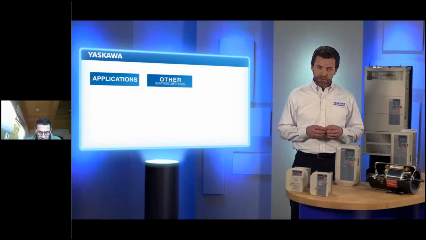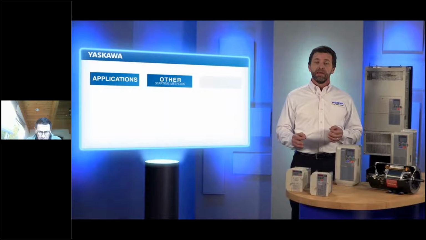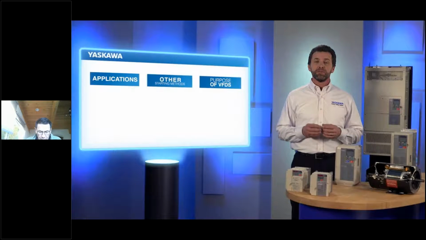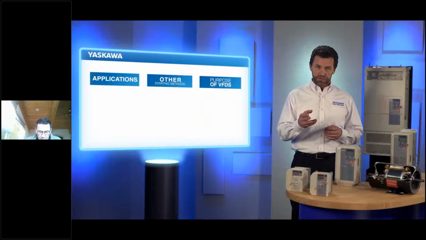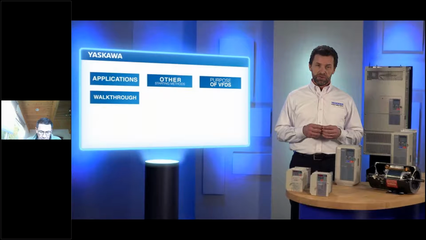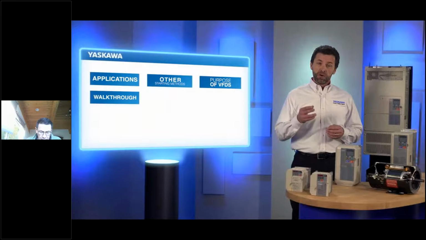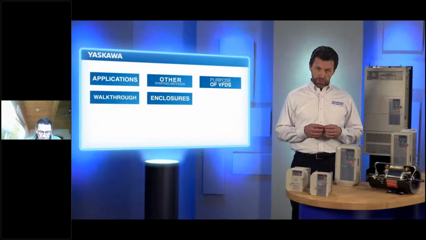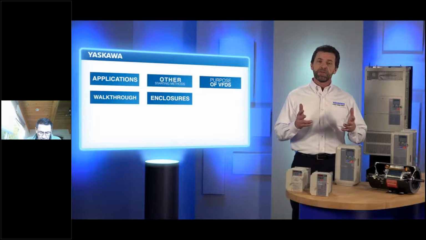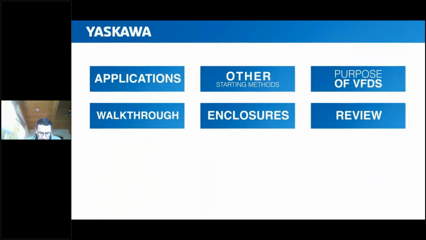We'll look at other starting methods, ways to start a motor that don't utilize a drive, and next we'll talk about the purpose of variable speed drives, why do we use them. We'll then walk through the typical layout and construction of a drive, and explain the components that make up this device. We'll look at different types of enclosures, and then, to wrap things up, we'll review this presentation with a few questions.